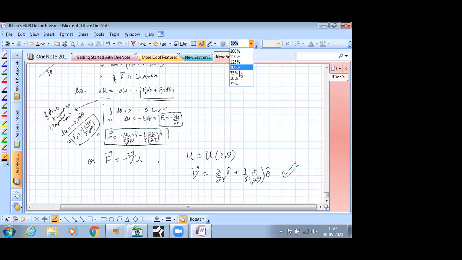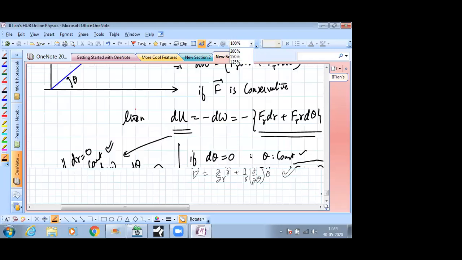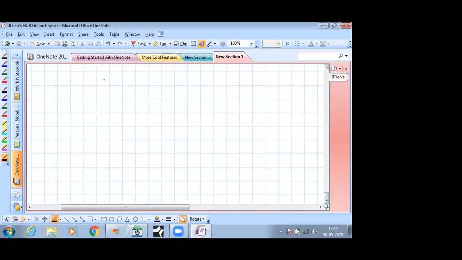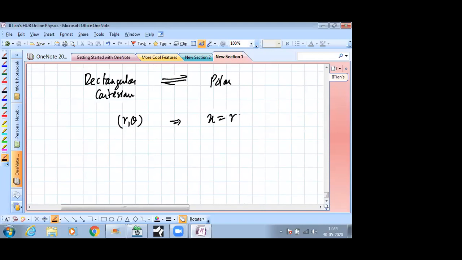Now, one more thing we should keep in mind is the interrelationship between the rectangular or Cartesian system and polar. That is very simple: if you have polar, then correspondingly x is r cos theta and y is r sin theta.